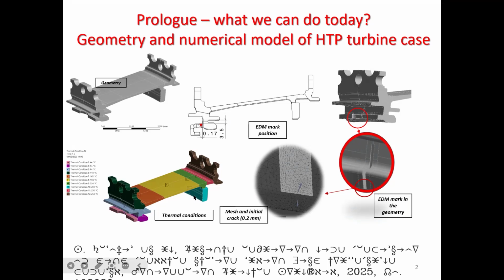After defining thermal stresses due to temperature change and distribution, we were able to analyze this mark becoming a crack and to estimate the life, with the aim to find out if this component is still usable or it has to be replaced.